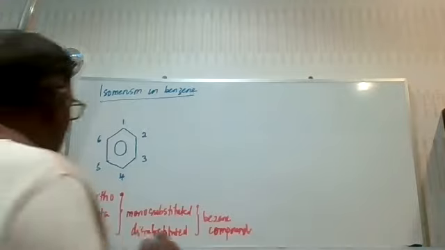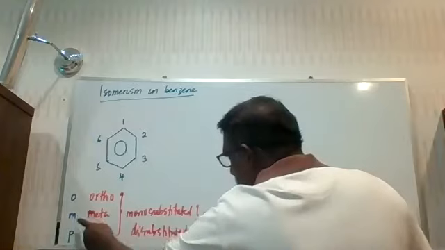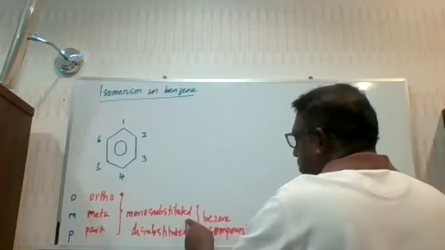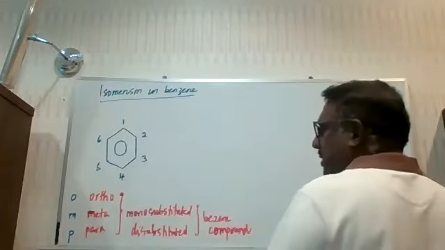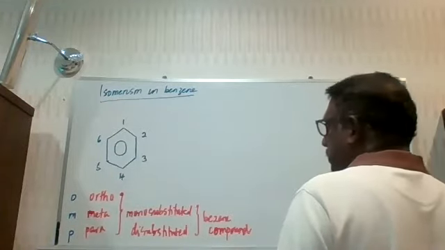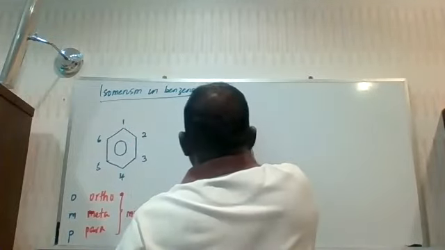So you need to have this fundamental knowledge of ortho, meta, para when you're dealing with mono-substituted benzene. Is that a monosubstituted benzene? No, that's just a benzene compound. For this benzene compound, let's say you have chlorine.